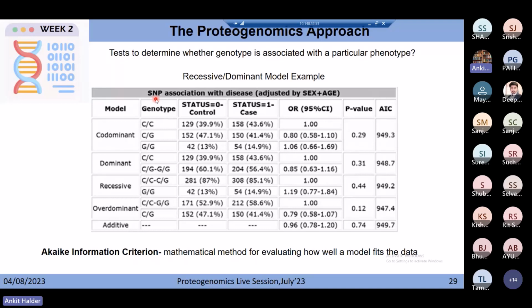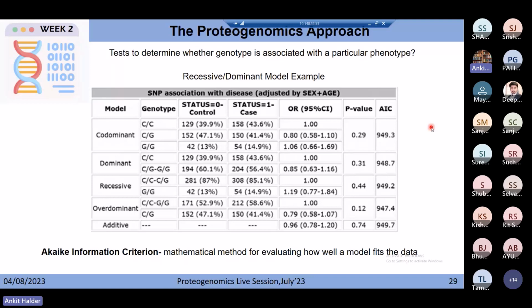So what you will do is collect the data. For codominant, you will calculate how much the CC is in control and case, and then for dominant, how much in control and case for each of these SNPs, and then you will calculate the p-values, and then you will go for the AIC calculation. Once you find out the AIC, it helps us understand how well our data fits.